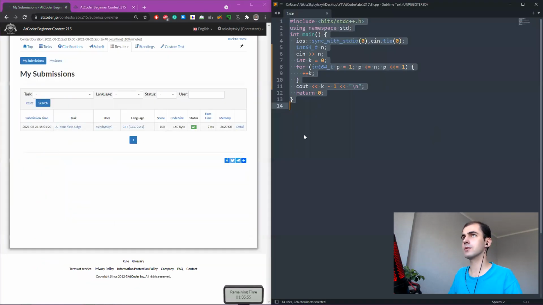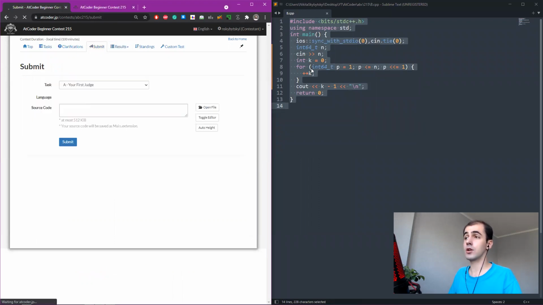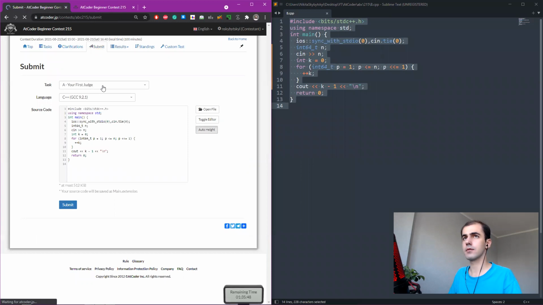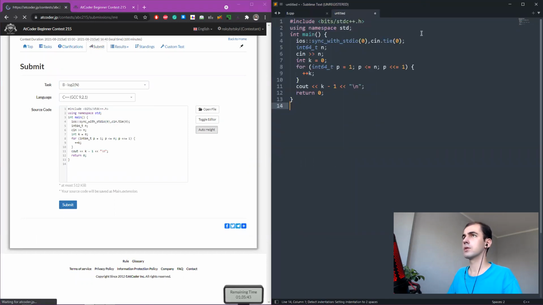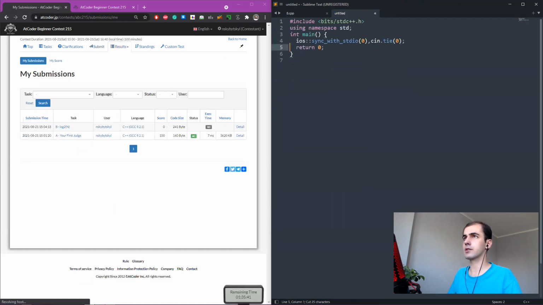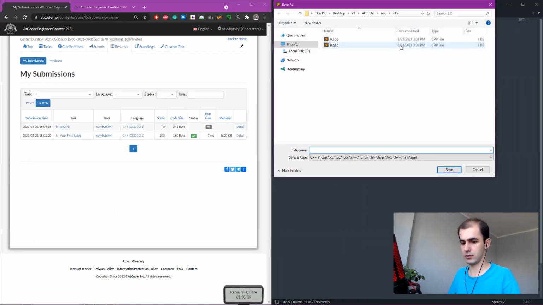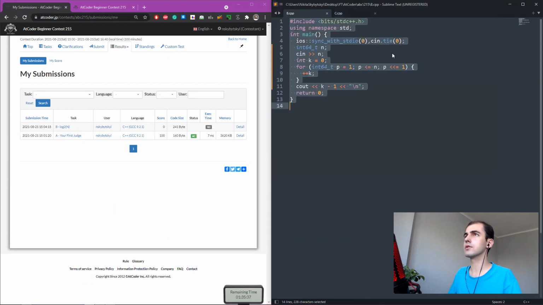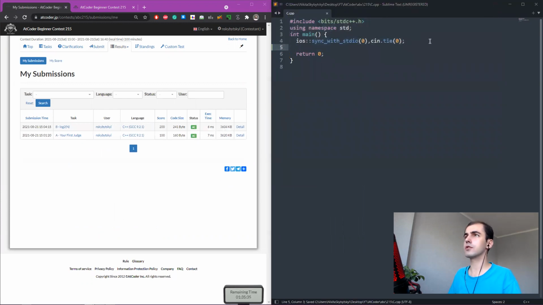Okay, let's submit. Not much going on in these first problems, obviously. They just ask you to translate something from English to programming language of your choice.